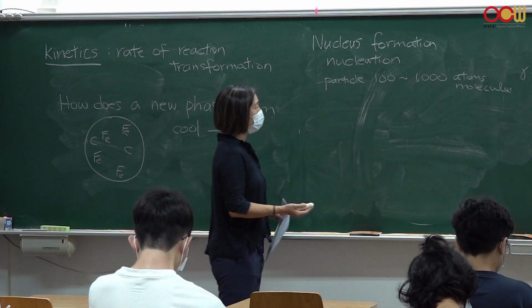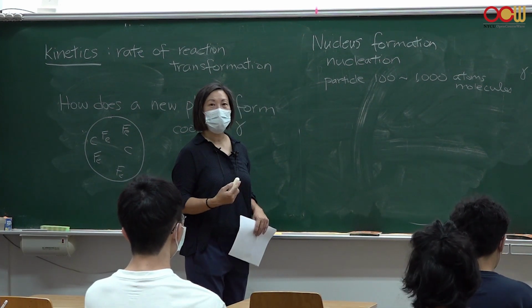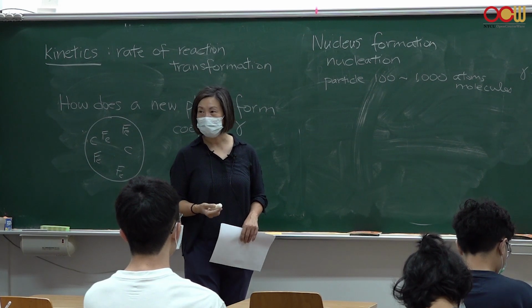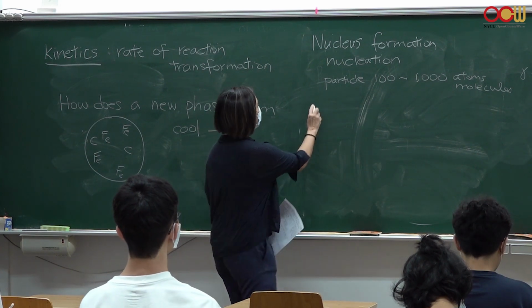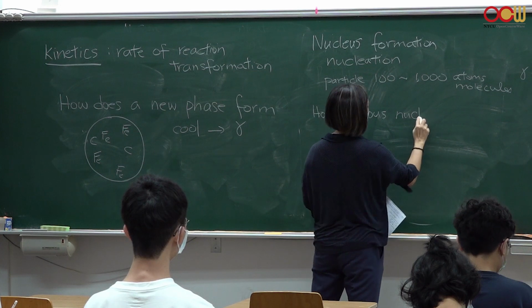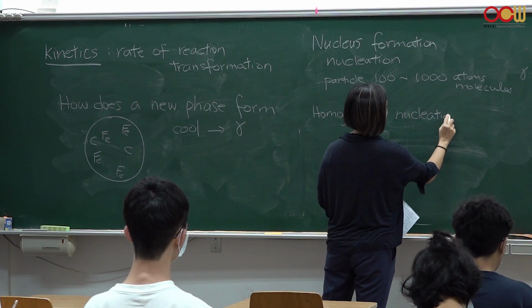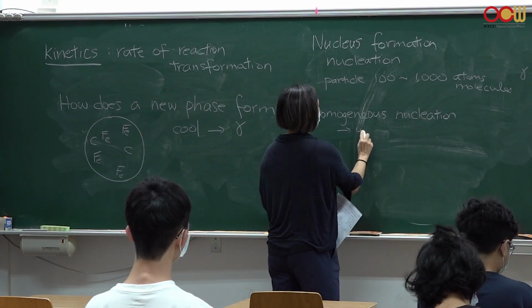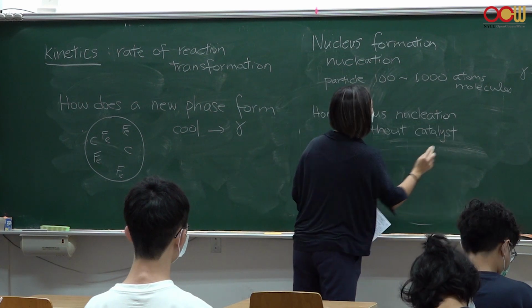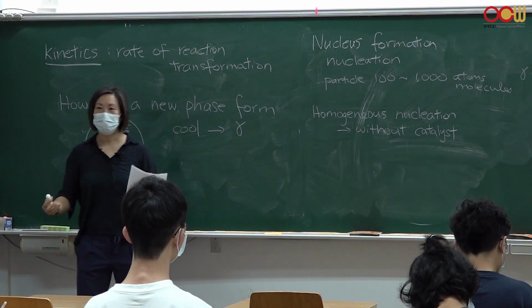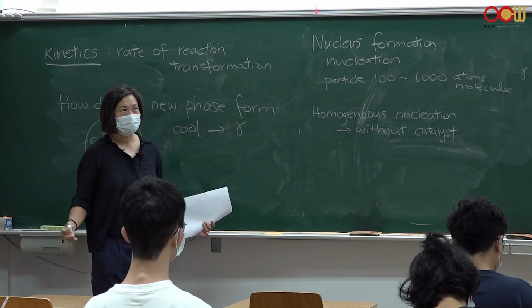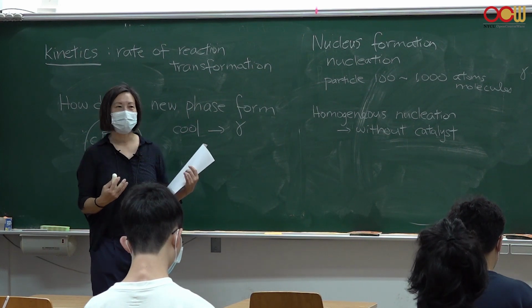And there are two different ways nucleation can happen. One is called homogeneous and one's called heterogeneous. So we'll talk about the homogeneous first. Homogeneous nucleation means without a catalyst. This nucleation happens without anything additional that you're providing to the system.